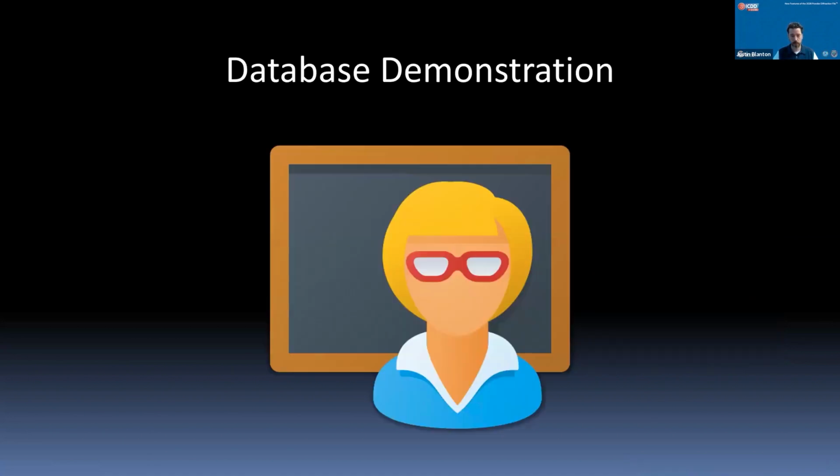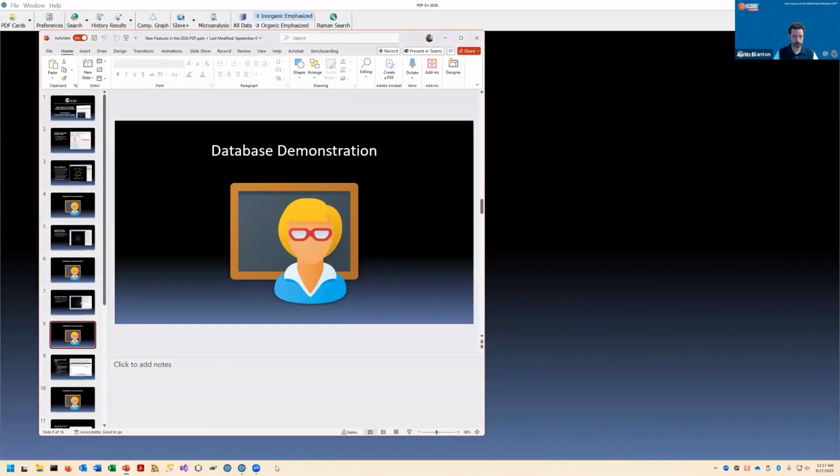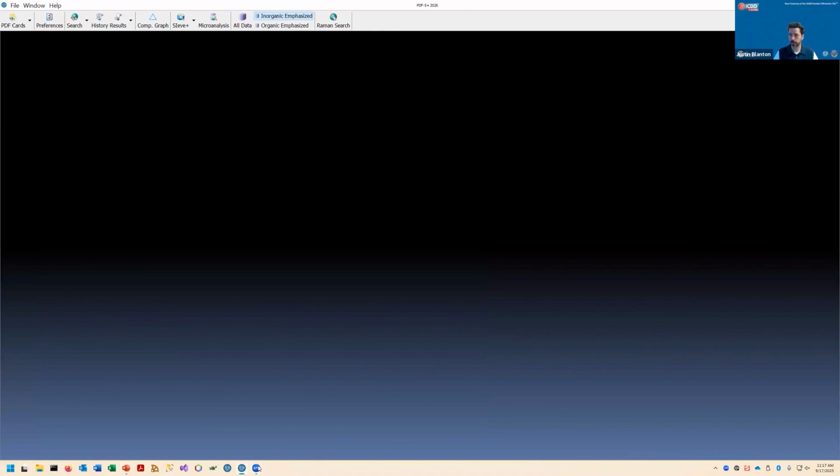All right, let's hop on over back to the database. Okay, so now we're going to open up Sieve Plus. So on the top toolbar, there's a button that says Sieve Plus here. So I'm going to click that button.